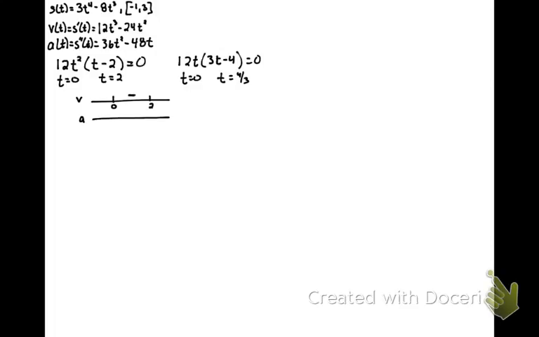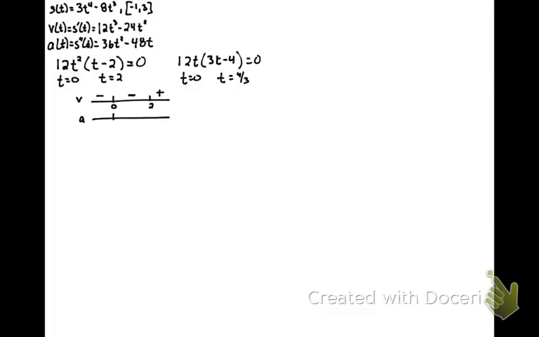If the velocity was negative 1, then it would also be a negative velocity. And if the velocity was 3, I would have a positive velocity. So the particle is moving to the left, stops, keeps moving to the left, stops again, moves to the right.